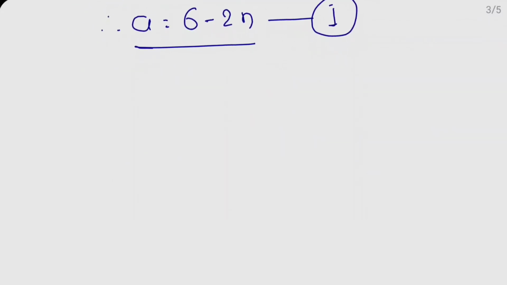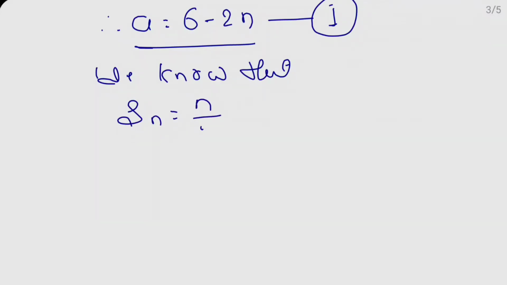And now we know that Sn equal to n by 2 into a plus an, right? Sn value also they given, so I will take here Sn equal to n by 2 into a plus an. Is it clear?